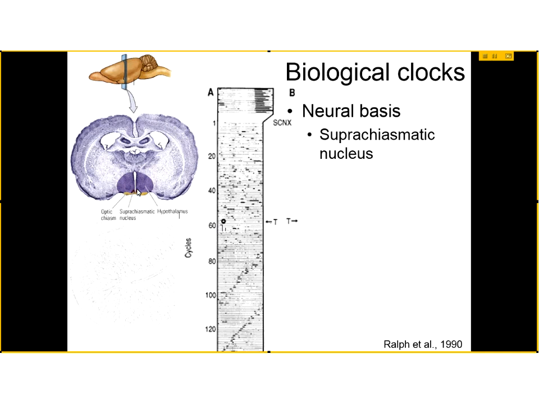While we don't have time to talk about this, there's some evidence that these neurons have a genetic basis of the length of the day. And you can breed animals to have shorter days or longer days.